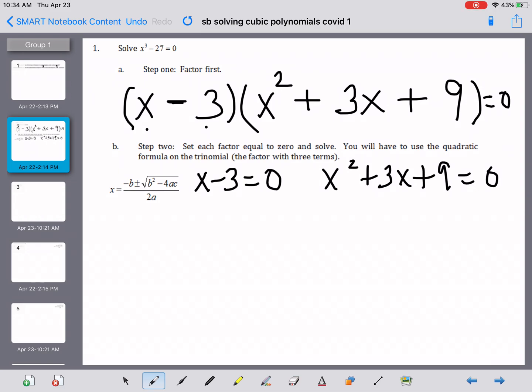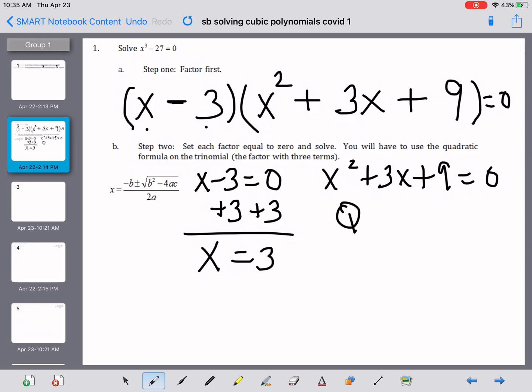And the setup on the left here, the x minus 3 equals 0, we can solve. And we get x equals 3. But over here on the right, we need to use the quadratic formula to solve. And I'm going to flip over to the next page so I have enough room to write.